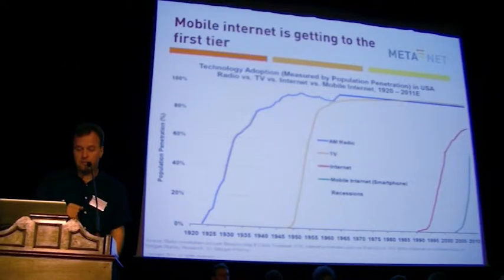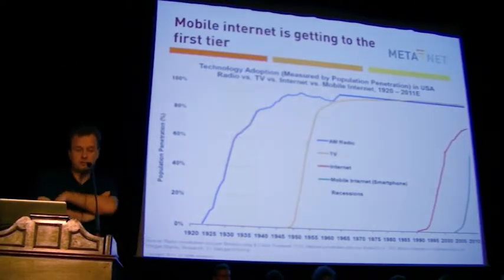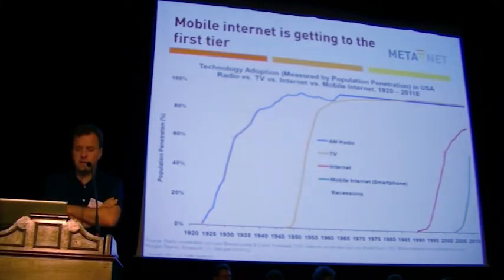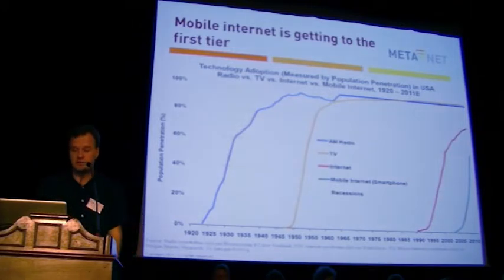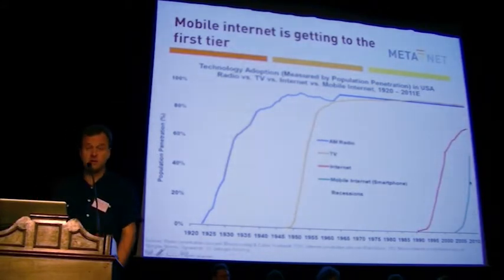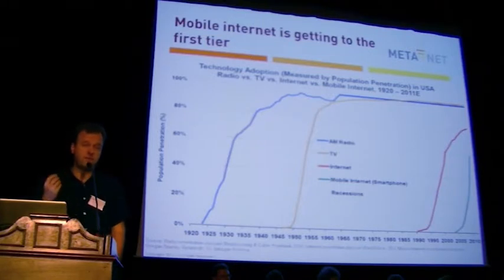Next, let's see how media evolved through the last almost 100 years. Here you see adoption curves: on the left side radio, then television, then the internet, and then the mobile web. Mobile web is the next big thing. On the previous slides I was trying to emphasize the social aspect of information.